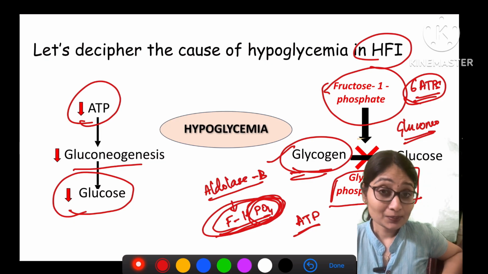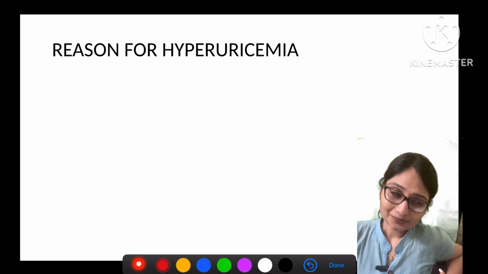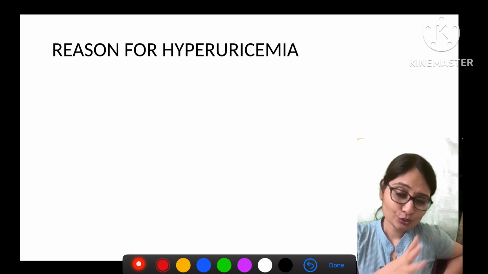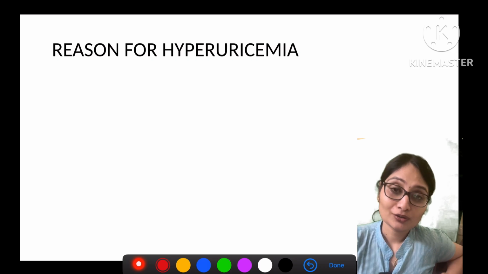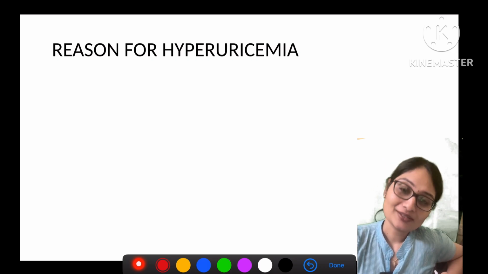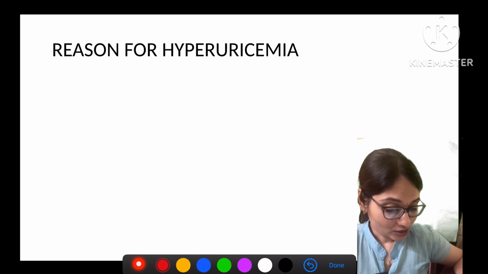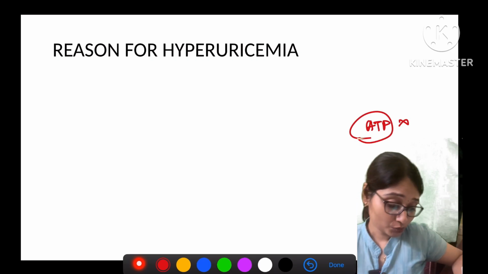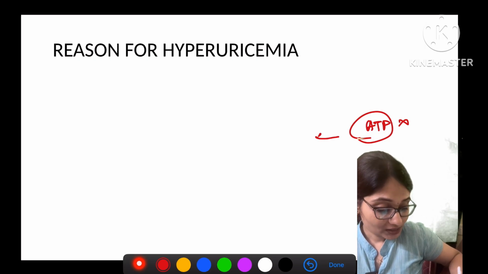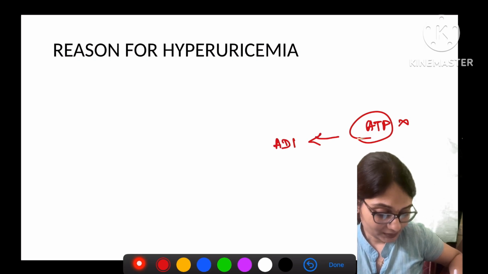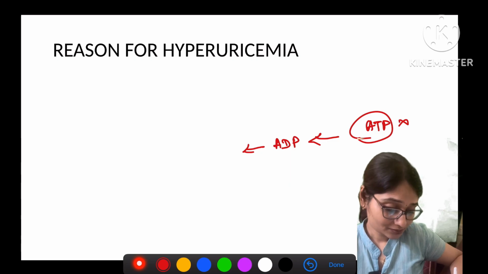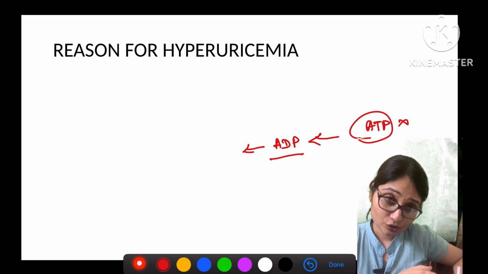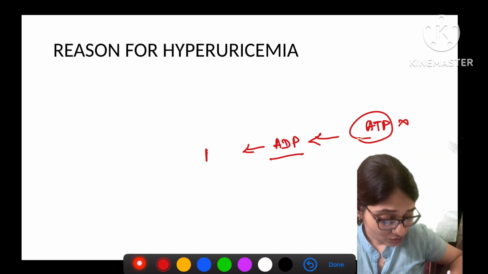So now let's see why the baby has hyperuricemia. Any idea why? It is in one way related to the reason I gave for decreased gluconeogenesis: ATP is not formed. What is the precursor of ATP? ATP is adenosine triphosphate, so the precursor is ADP, adenosine diphosphate, and the precursor of that is adenosine monophosphate.